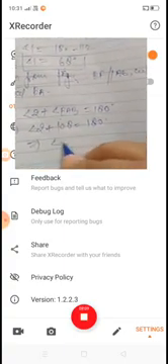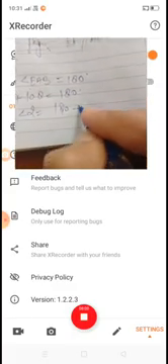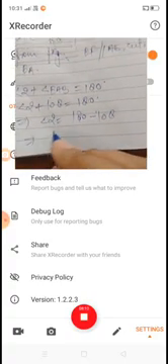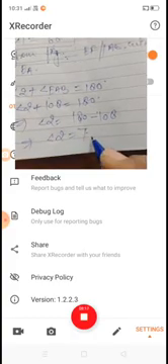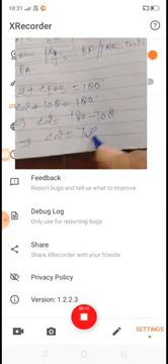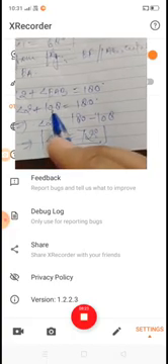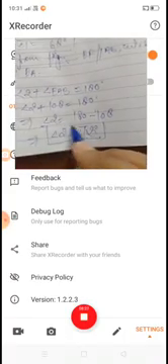So we have angle 2 is equal to 180 minus 108, that is angle 2 is 72 degree.